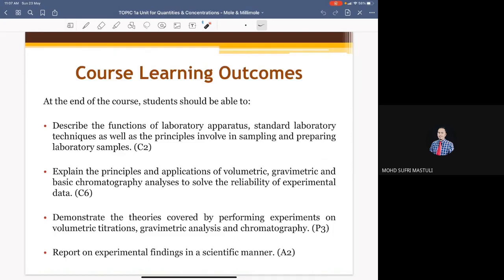The student should be able to demonstrate the theories learned in this subject by performing experiments on volumetric titration, gravimetric analysis, and chromatography. Last but not least, all the students are expected to be able to write reports on experimental findings in a scientific manner.